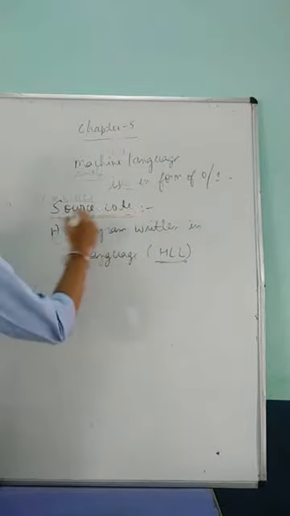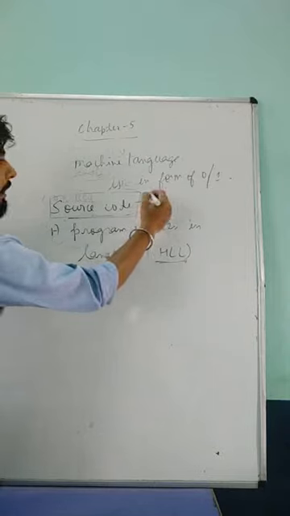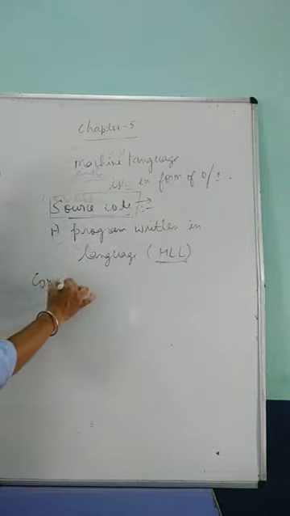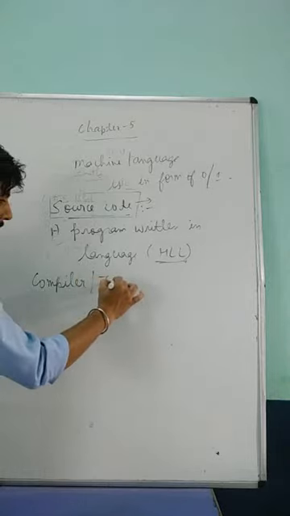That is called the source code. It is not understood by our computer because it is not in the form of 0 and 1. But we have to convert it into 0 and 1. So we need something: the compiler or interpreter.